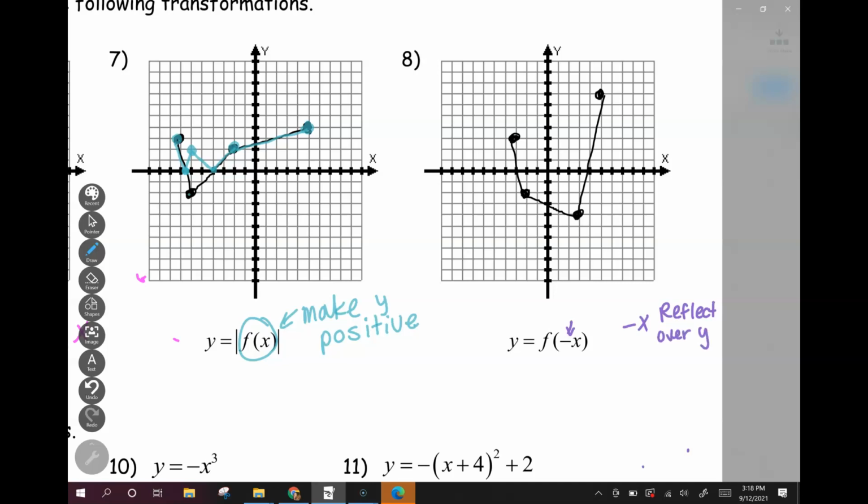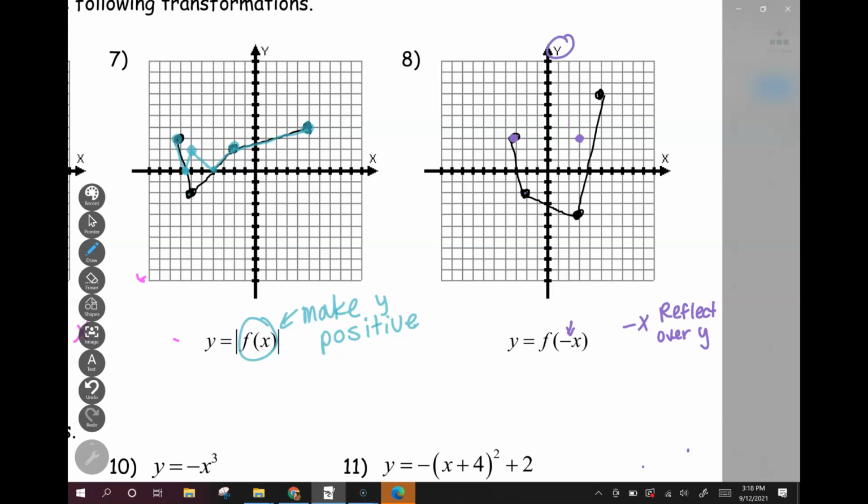That's going to end up reflecting you over the y-axis. So here's what it looks like. If I take this first point here on the left and I multiply that x value by a negative, well, right now it's -3, so that would become +3, and here's my new point. See how that reflected over the y-axis?